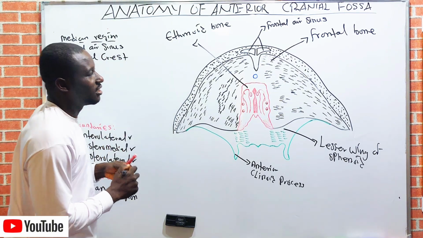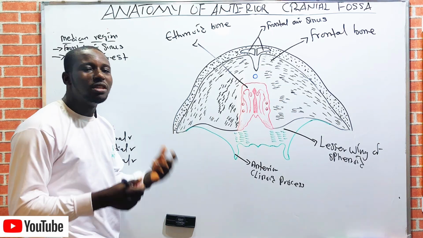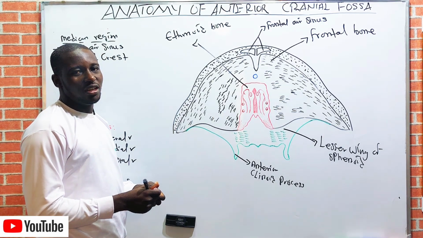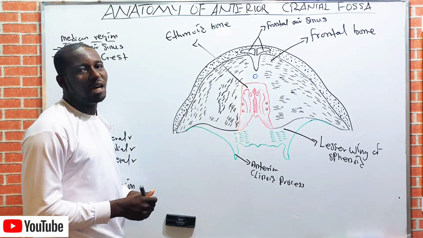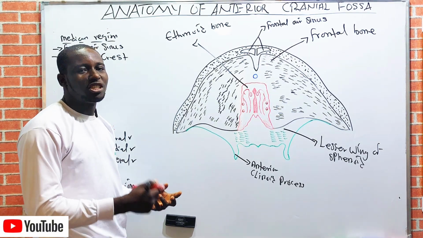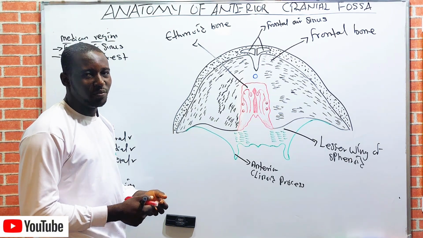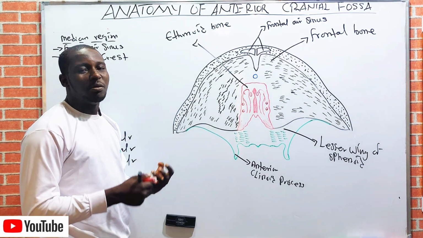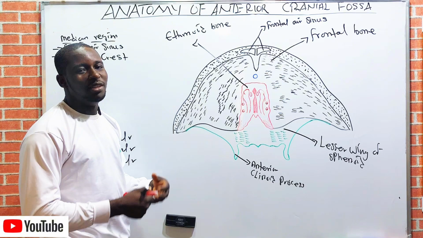What is the frontal crest? The frontal crest is a prominent, vertical bony crest that is found on the frontal bone. It provides a site of attachment of the falx cerebri. Falx cerebri is a sheet of dura mater that separates the cerebral hemispheres into two.